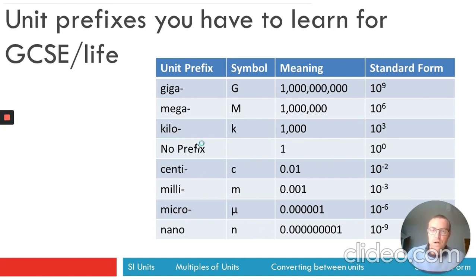You may well have come across kilo, mega, and giga if you have had anything to do with computers and computer memory. So computer memory is measured in bytes. The unit is bytes, and a kilobyte is 1,000 times the size of a byte.